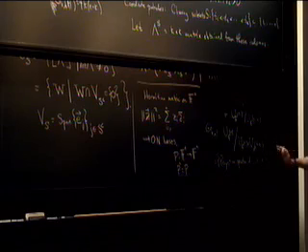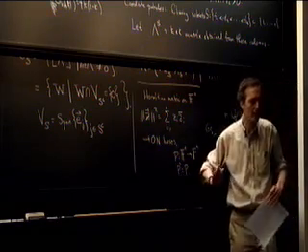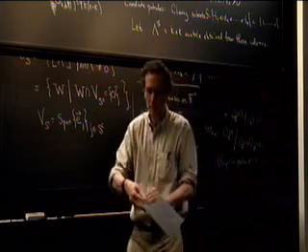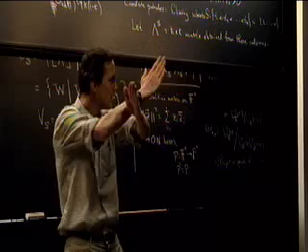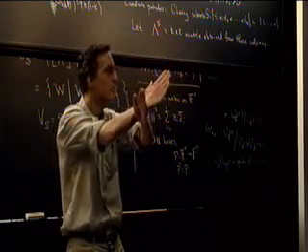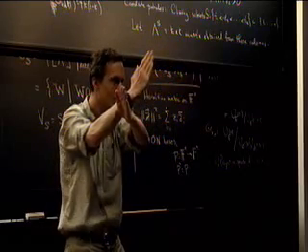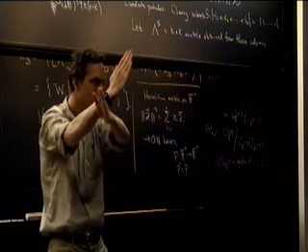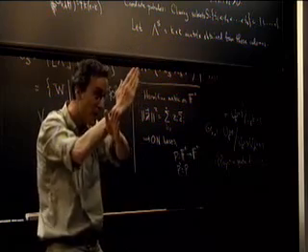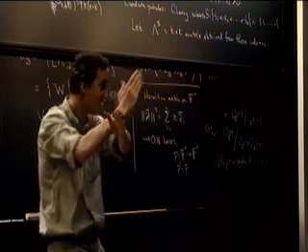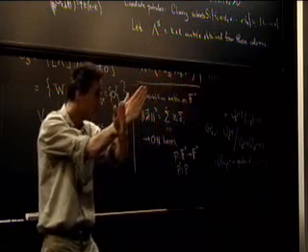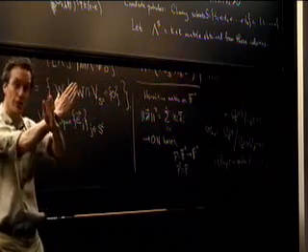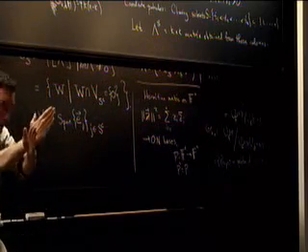Another thing that this makes clear is that when you have a subspace of rank k and you have a Hermitian metric, then canonically there's an orthogonal subspace of dimension n minus k.